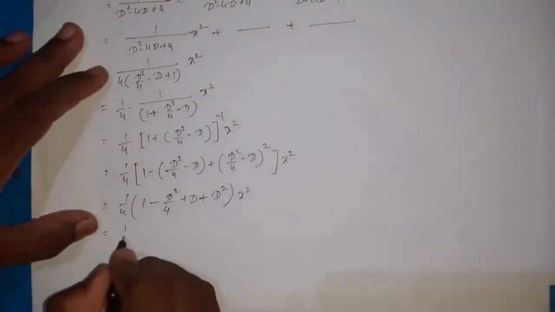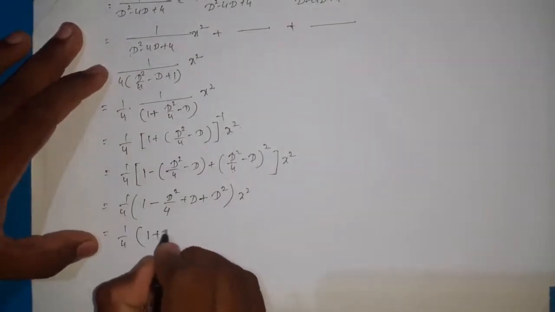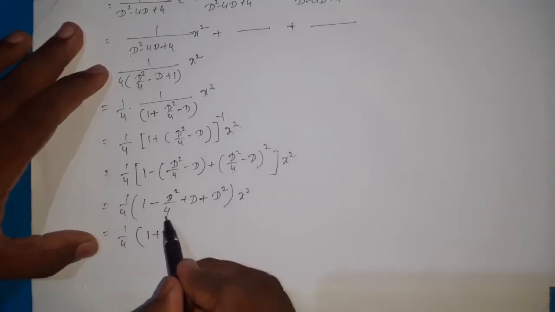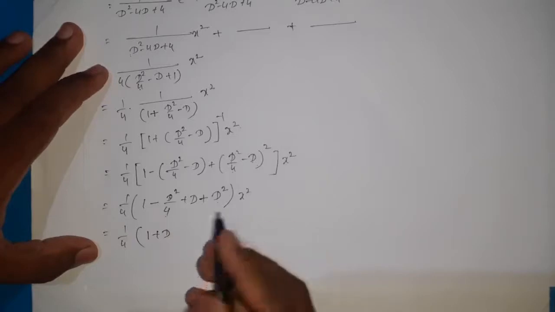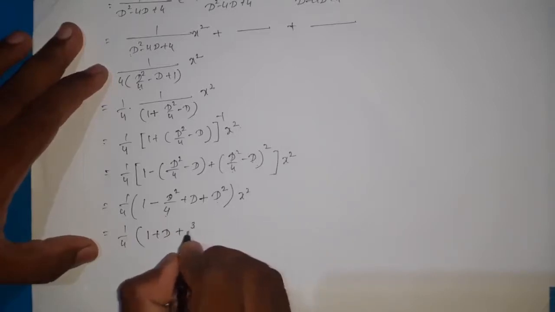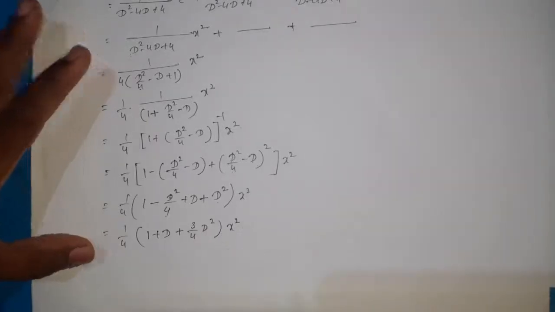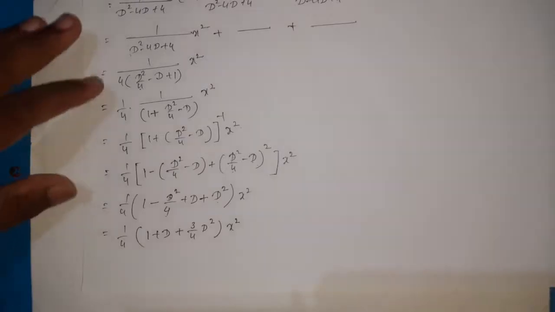Then it is 1 by 4, here 1 plus D, minus D square by 4 and plus D square, that becomes plus 3 by 4 D square of x square, because 1 minus 1 by 4 becomes 3 by 4.